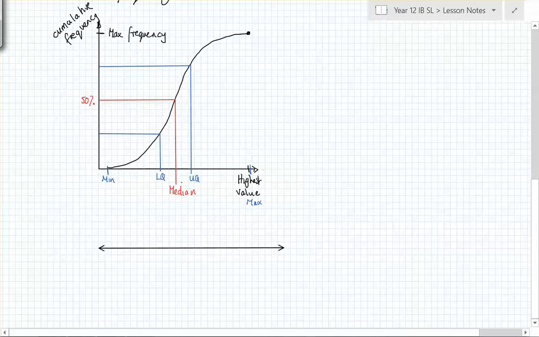Yeah, so I've got this value, read down, I would put a little line, take my median, line, upper quartile, line, minimum value, line, maximum value, line.